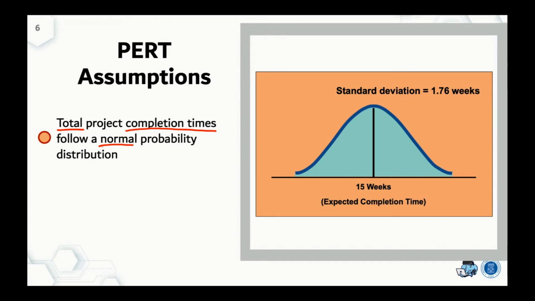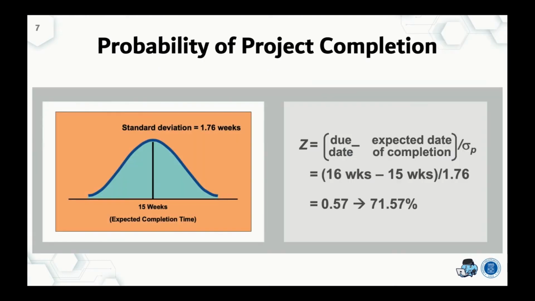So this is the difference. And each activity time is statistically independent. As you may see here, a project, for example, has an expected completion time of 15 weeks, with a standard deviation of 1.76 weeks. How can we calculate the probability of completion?